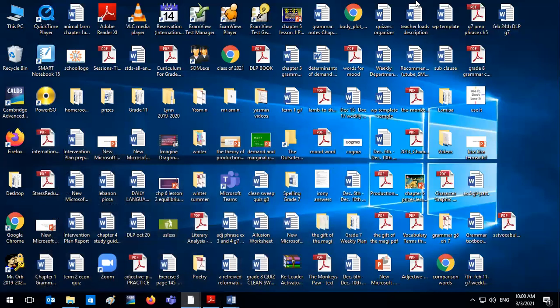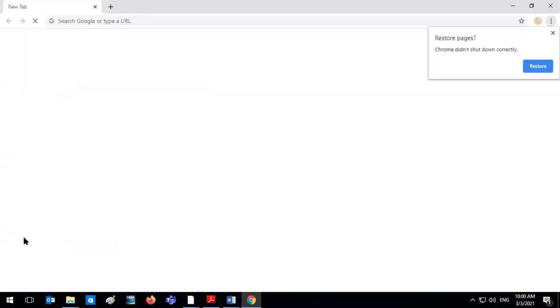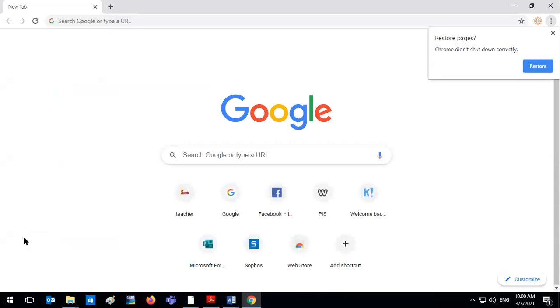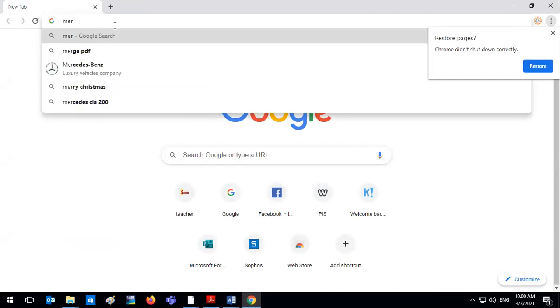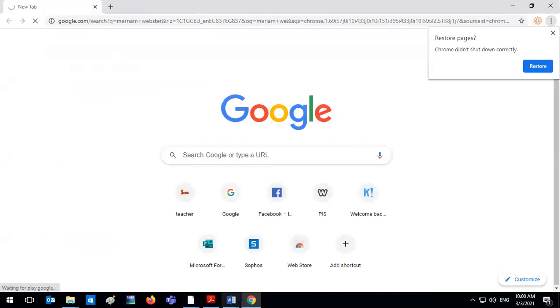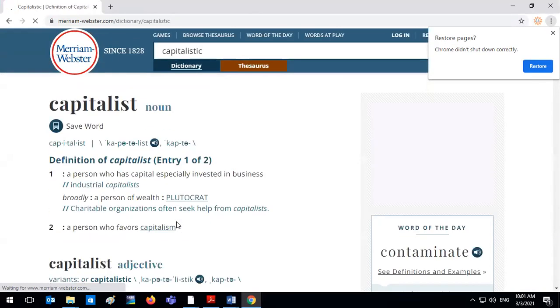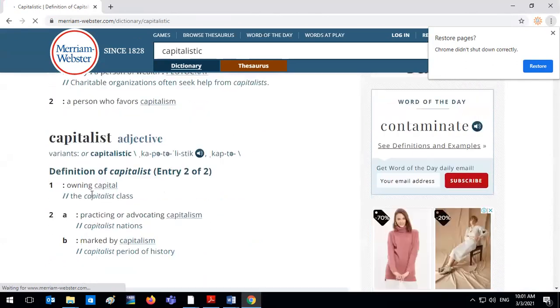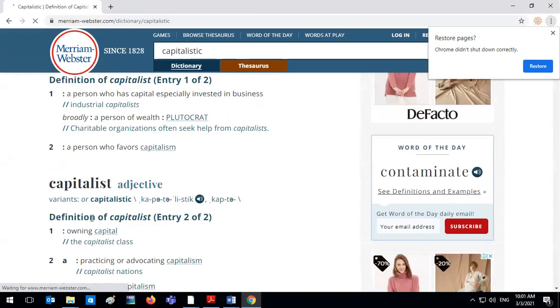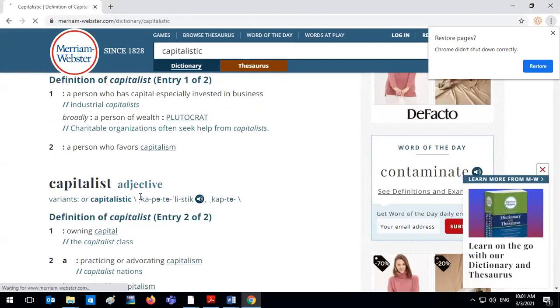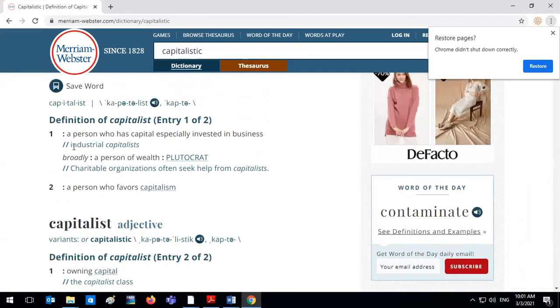A capitalist is a person who has capital, especially invested in business, or someone who is wealthy.